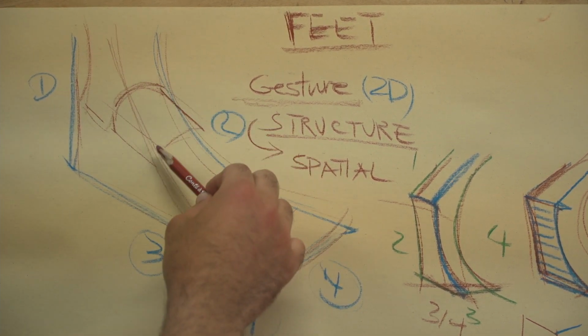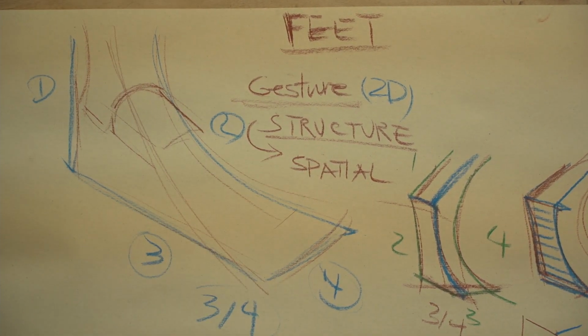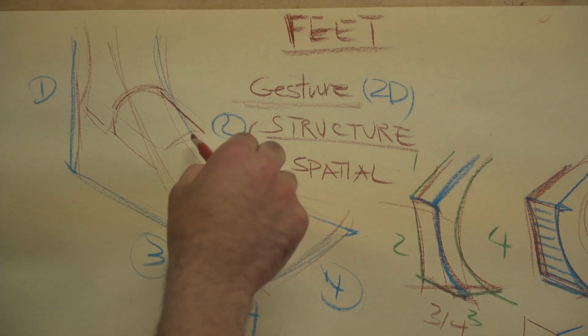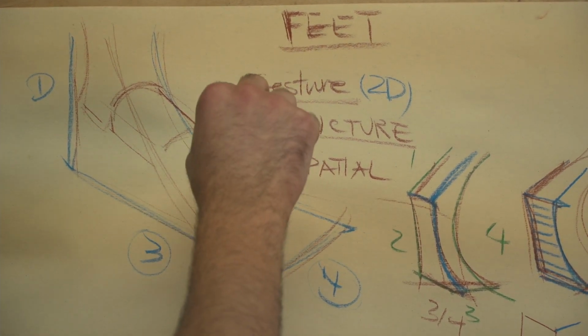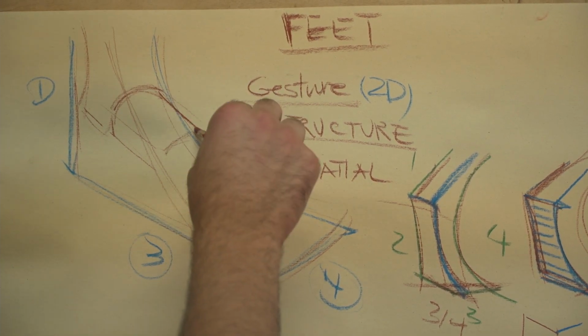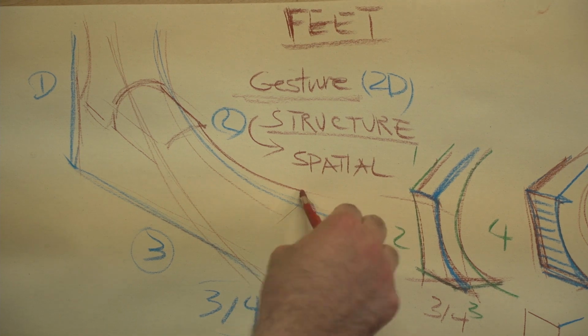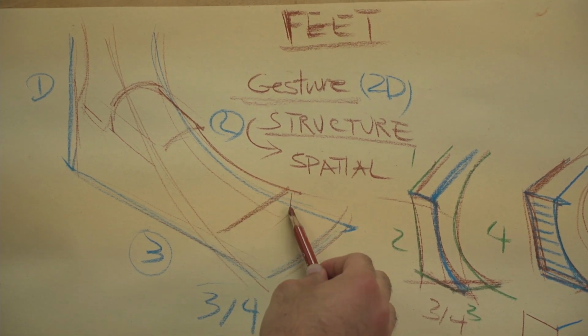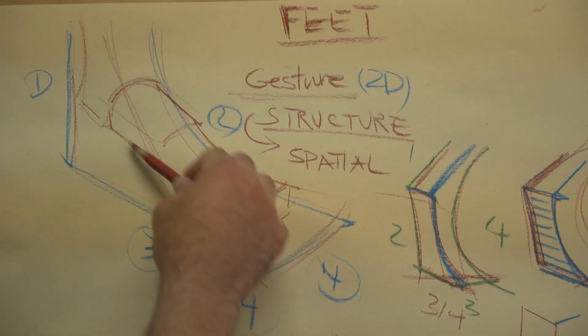You can use various volumes, whatever you want. It just needs to correspond with the actual anatomical shape that's beneath that. And then here we have another cube like this. It comes downward.